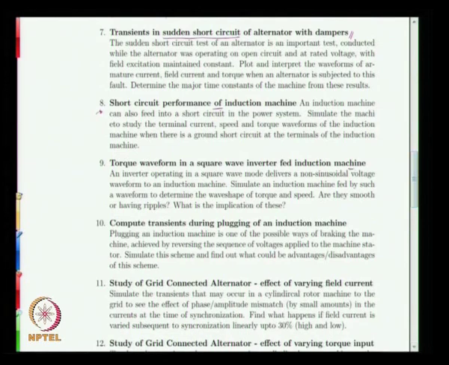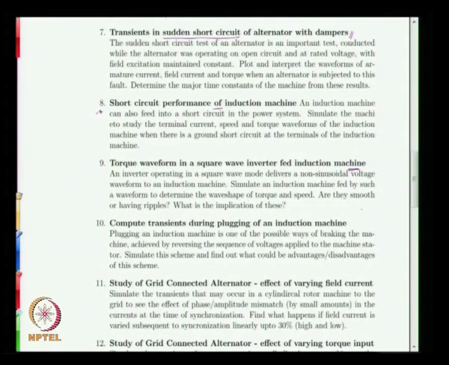And then you have an inverter fed induction machine. In some of the numerical examples that I had shown when we discussed the induction machine, we had seen some waveforms of that. You can now do the simulations yourself. You can take an inverter or alternatively determine the waveform generated by an inverter and then feed that to the machine model that you have and then determine what the response is going to be.